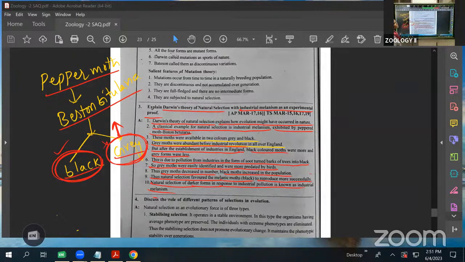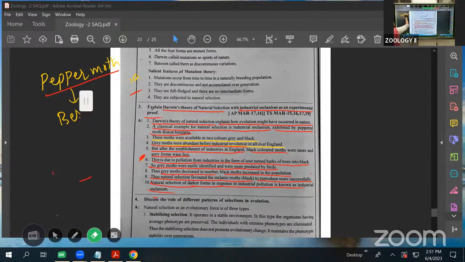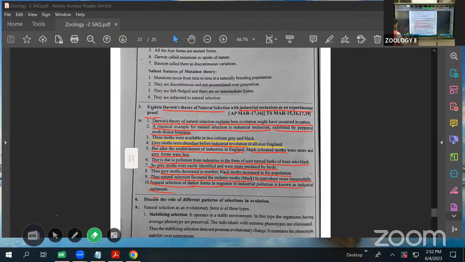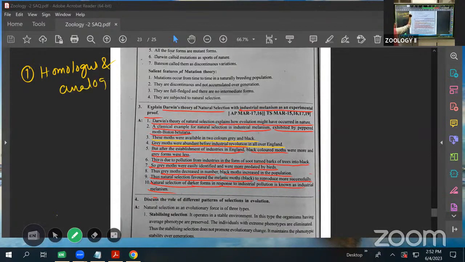Today we discuss the 3 questions in the evolution. All the 3 are very, very important. The first one: homologous and analogous organs.